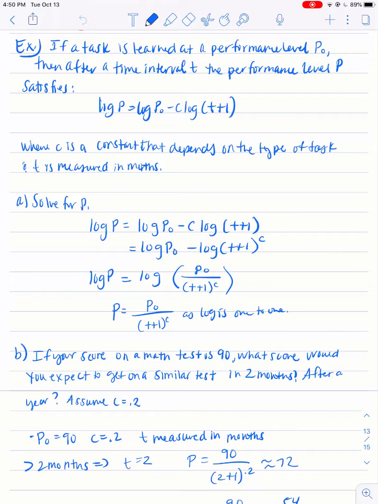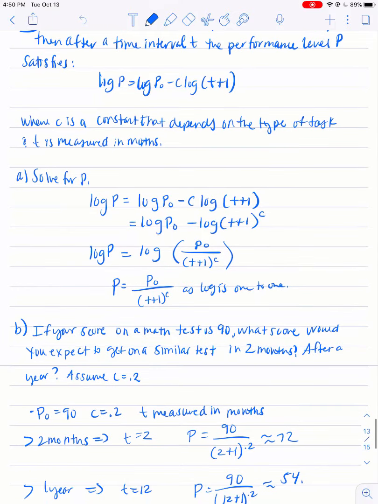So I'm going to go ahead and basically condense this. So I can move my c to my t plus 1. So I have log p0 minus log of (t plus 1) to the c power. And then I could do my quotient rule. So I have log of p0 over (t plus 1) to the c.